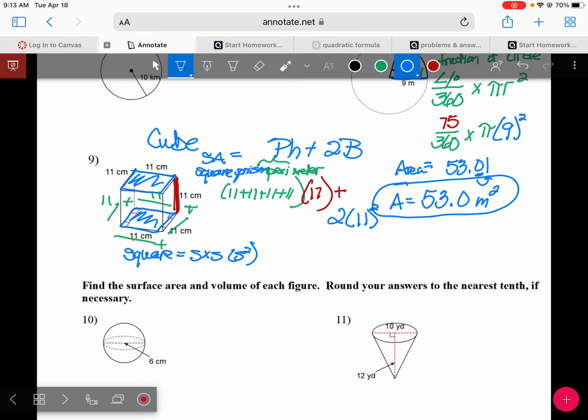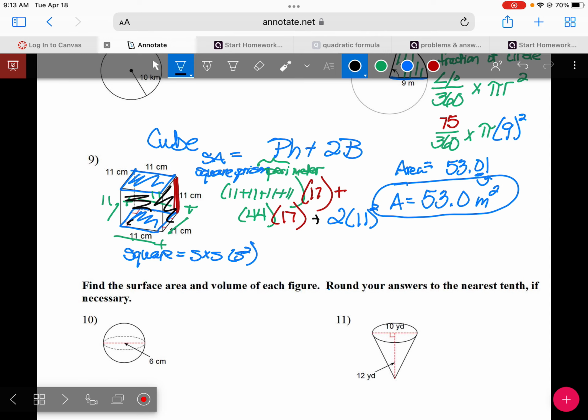So putting this together, 11 plus 11 plus 11 plus 11 is 44 times 11. That's the distance all the way around times the height. That covers all of my faces, front, back, side, plus 2 times 11 squared.